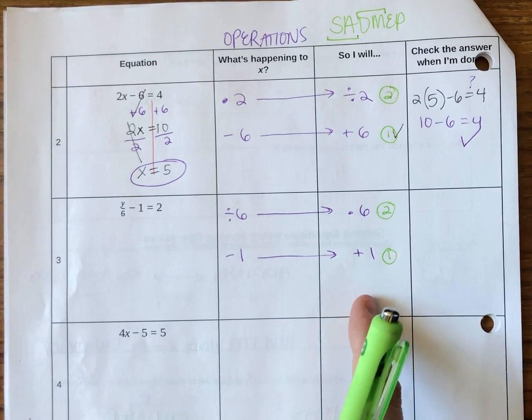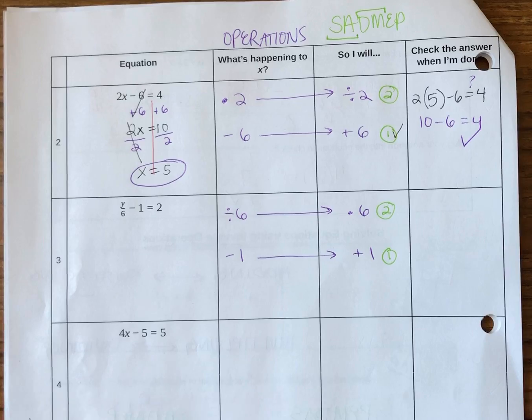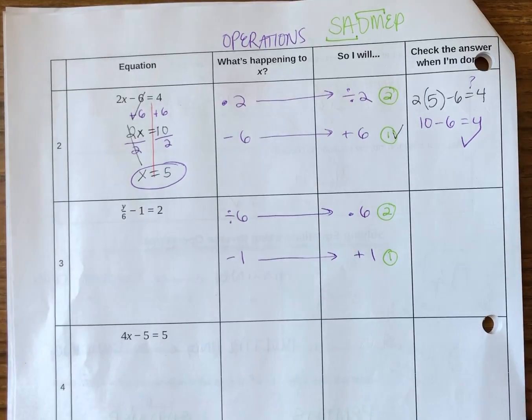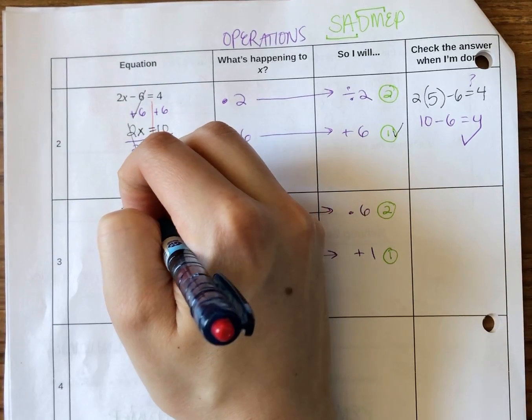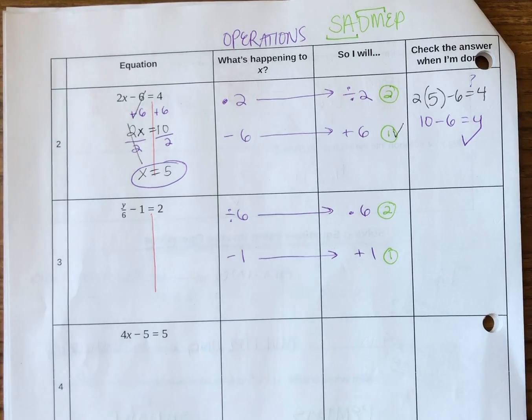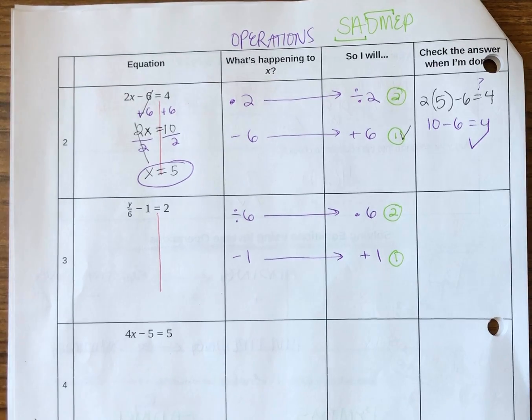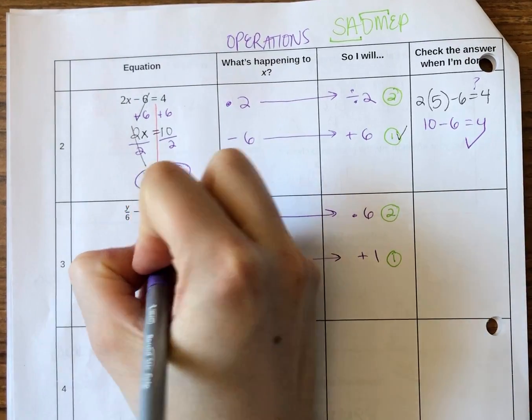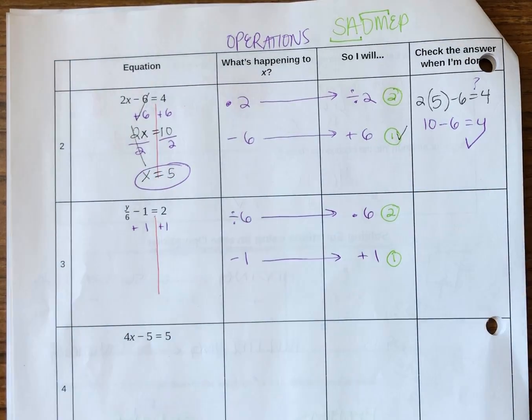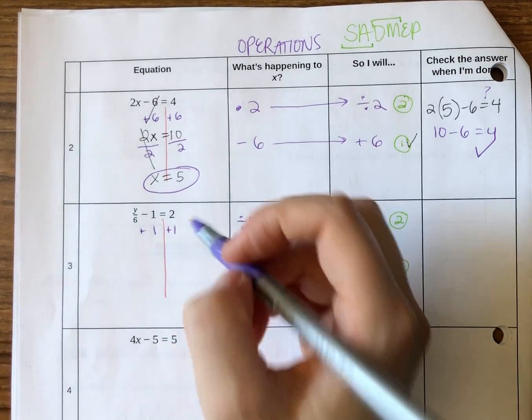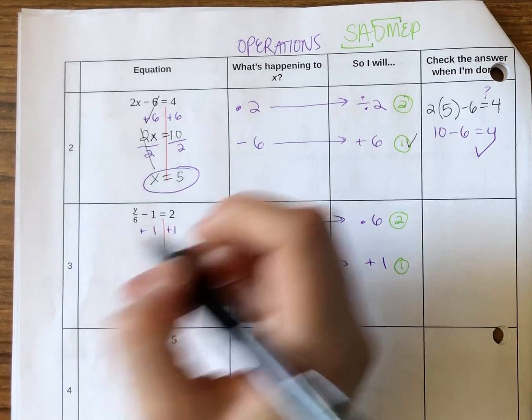When the plan's ready, I can now apply it to my problem. Just like in that last example, I show the two sides of my balance. And I pick my first operation, adding 1 to both sides. And so I line it up. I add 1 on both sides of my line here. 2 and 1 make 3.